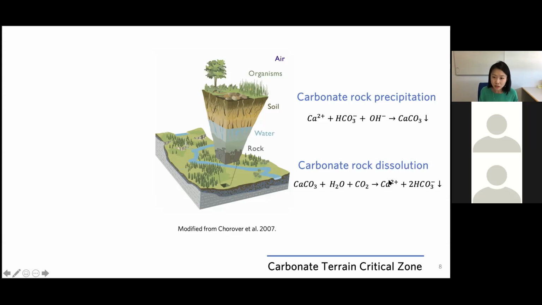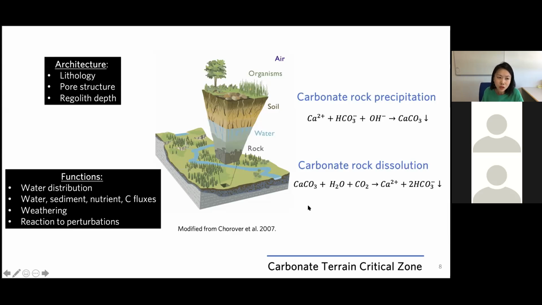And the carbonate critical zone has a great variability in terms of water flux, sediment flux, and nutrient transport, and is very vulnerable to external forces, as I just mentioned. Many researchers, me included, are very interested in the architecture as well as the function of the carbonate critical zone. For the architecture, some of the common targets include the lithology, pore structure, as well as the regolith depth of the critical zone.